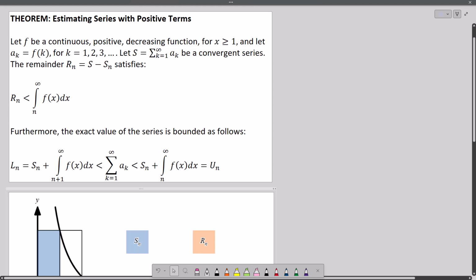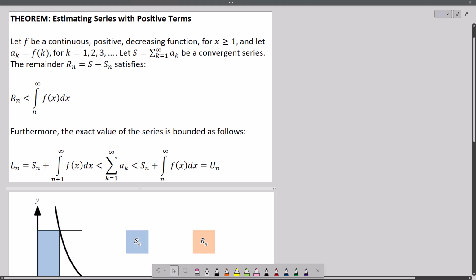We don't want to spend extra time adding terms that are insignificant. If your display has 10 digits, why compute it to 100 digits? So we want to minimize our computation time by understanding the remainder. If we had 10 digits, we'd want the remainder to be small enough to give us accuracy to 10 digits.